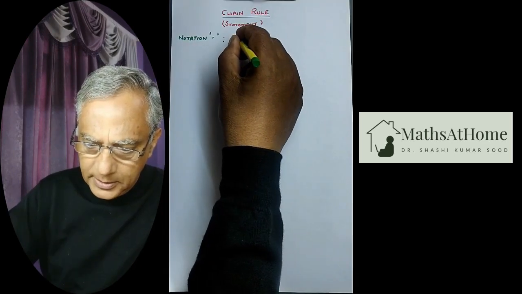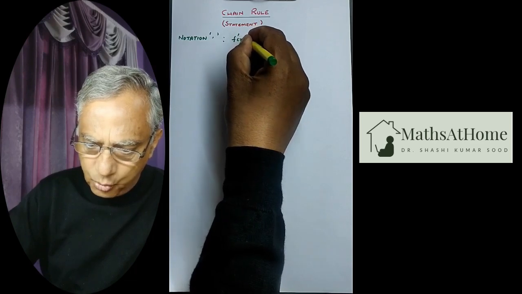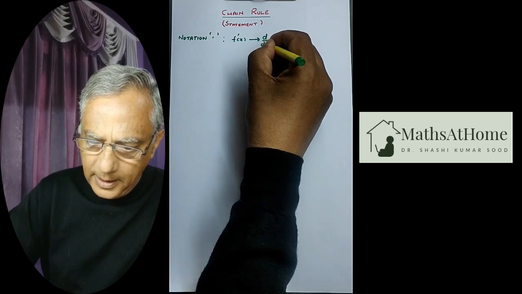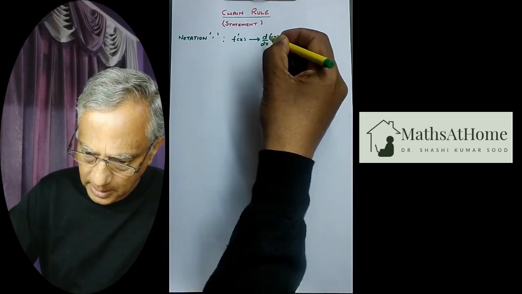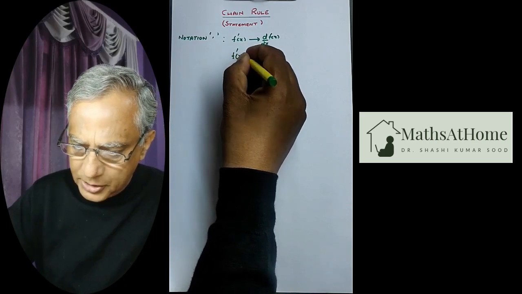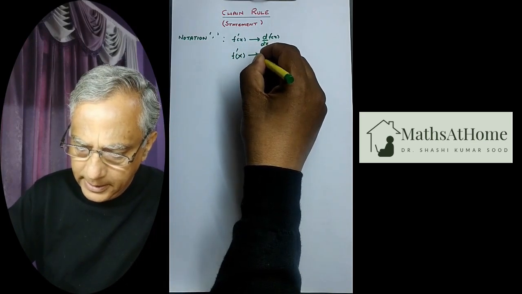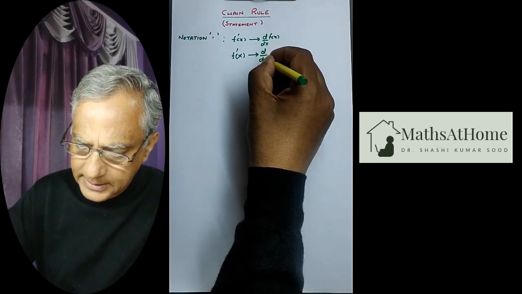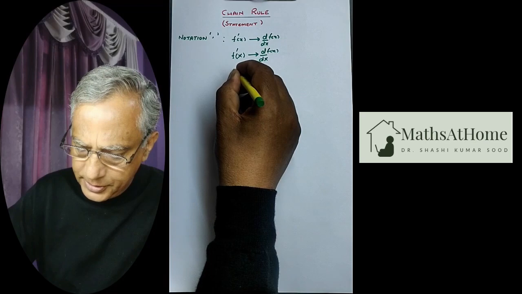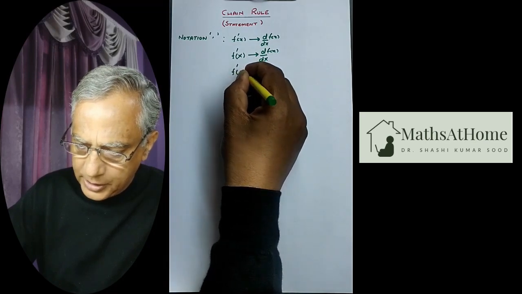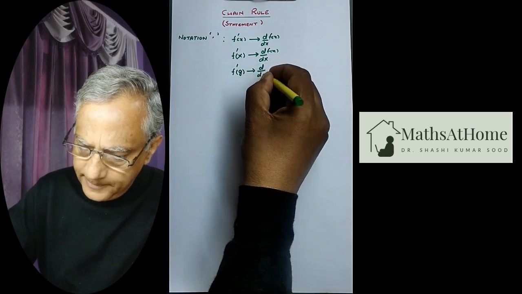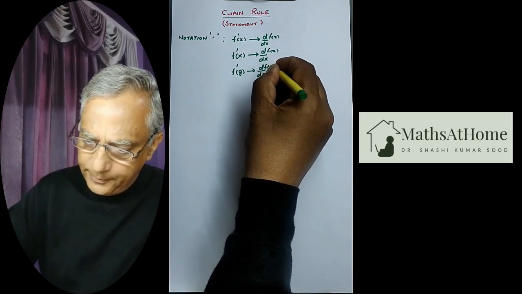F dash x stands for d by dx of f x. F dash capital X will stand for d by d of capital X f x. F dash g will stand for d by dg of f g.